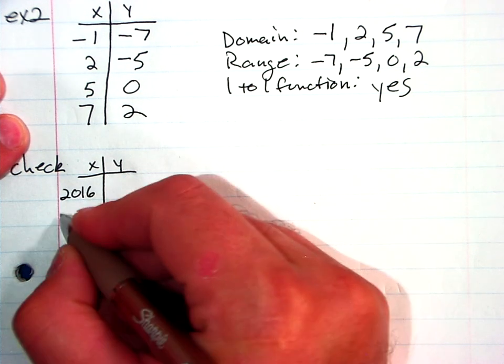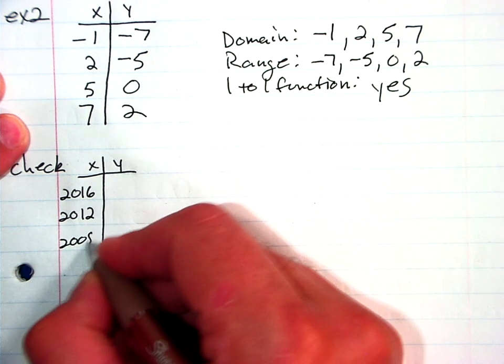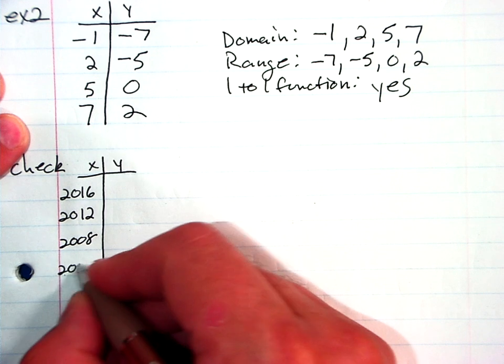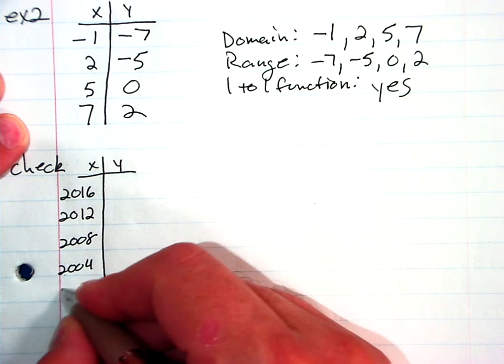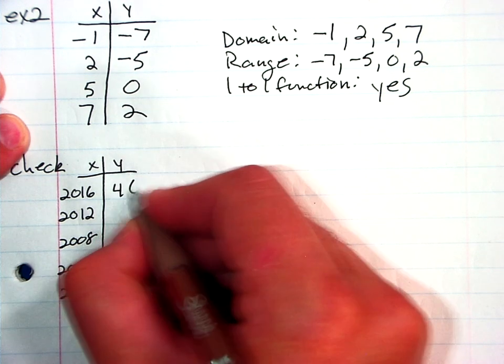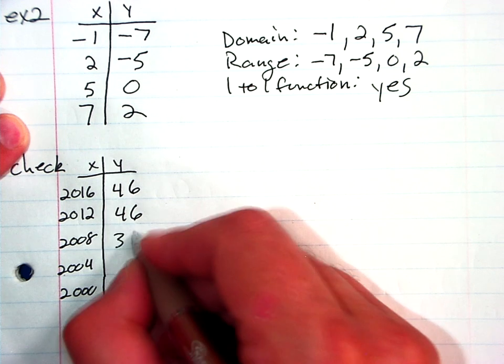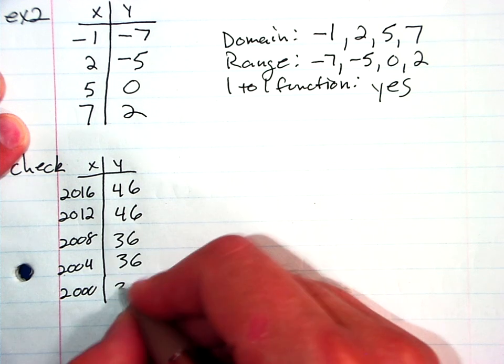So 2016, 2012, 2008, 2004, 2000. 46, 46, 36, 36, 37.